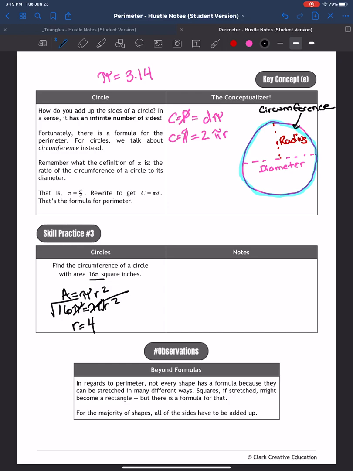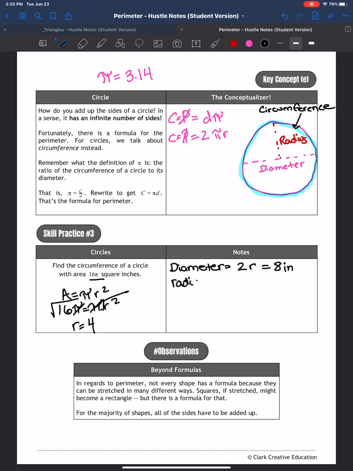And once you've found the radius, you can do one of two things. You can find the diameter, or you can find the circumference. To get your diameter, you're just going to double, 2 times your radius. So in this case, our diameter would be 8 inches.